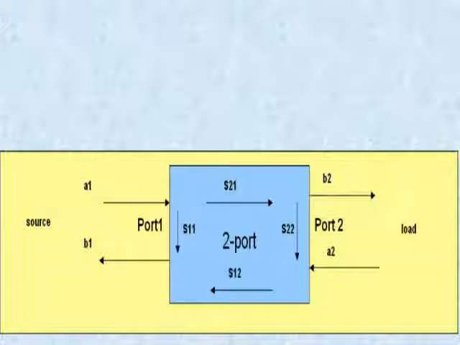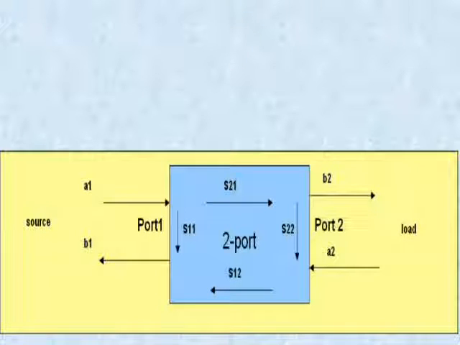So, I've defined the input and output signals. This seems rather odd to start with. Can you see we've got A1 going in and we've got B1 coming out? Because we've got port 1 and port 2. And what these A and B represent is the square root of power.